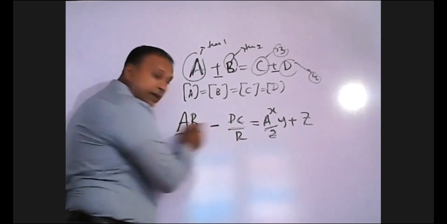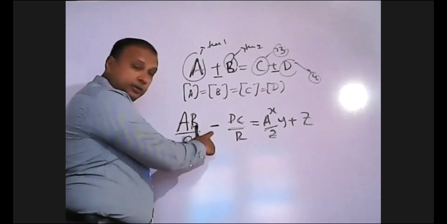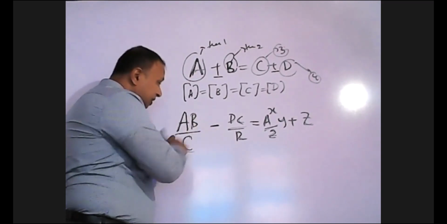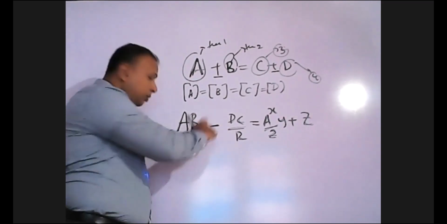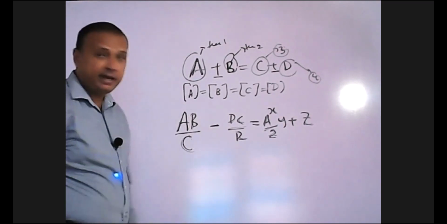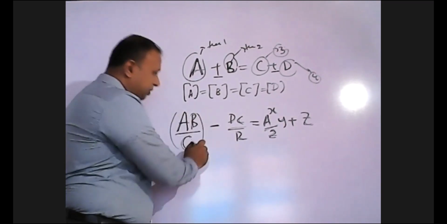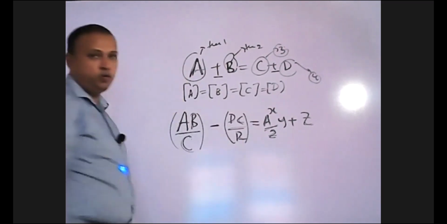Here there is a minus sign, so these two quantities are combined through this minus sign. This is term 1 and this is term 2.